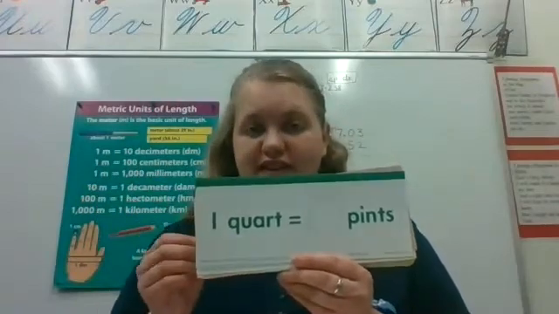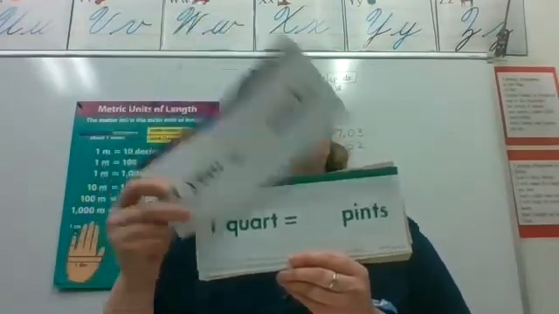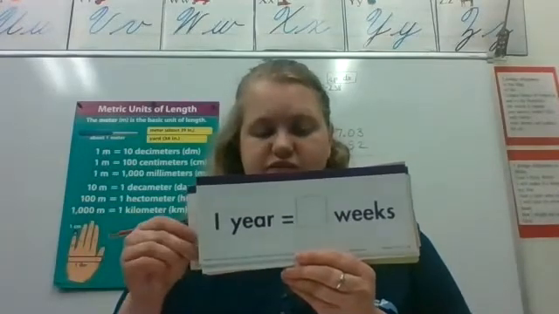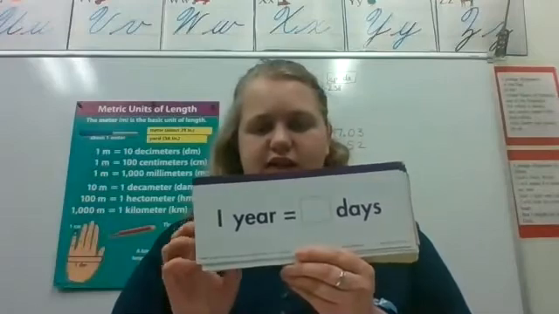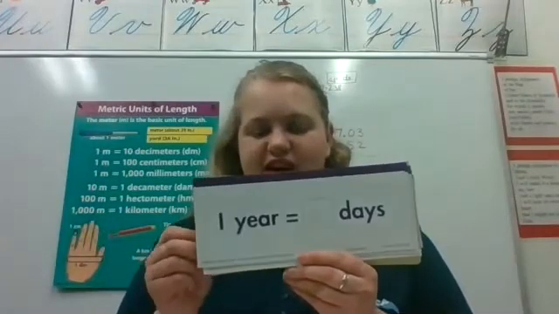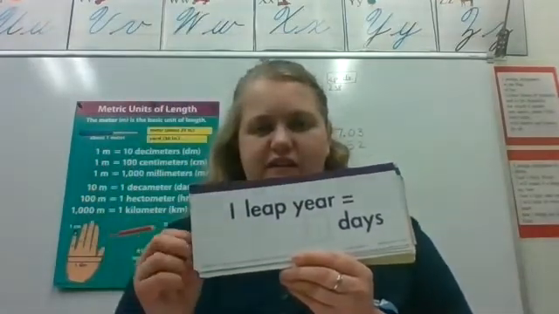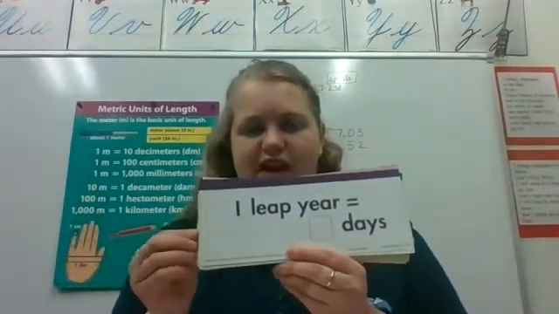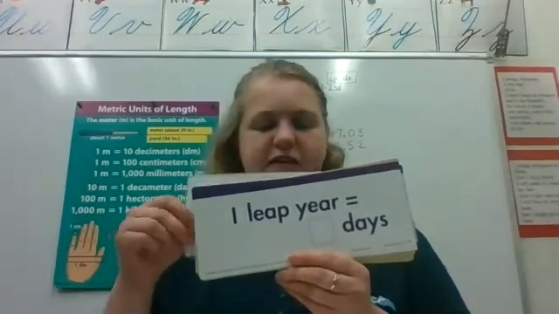Pints in a quart would also be 2. Weeks in a year, about 52. Days in a year, 365. What about a leap year? 366, and we are in a leap year right now, so remember that, 366 days this year.